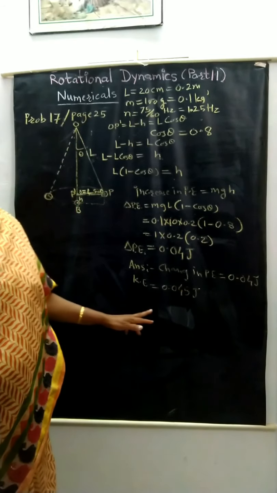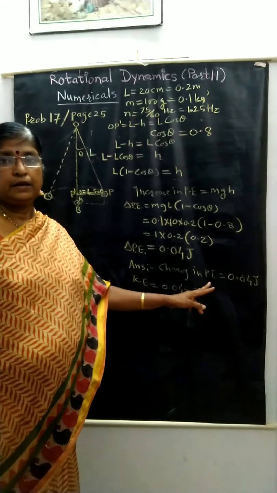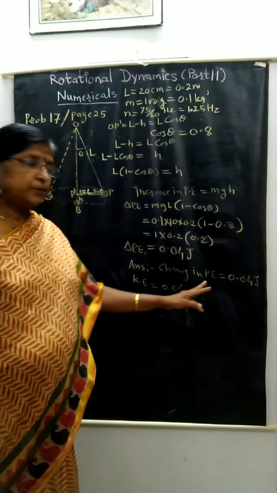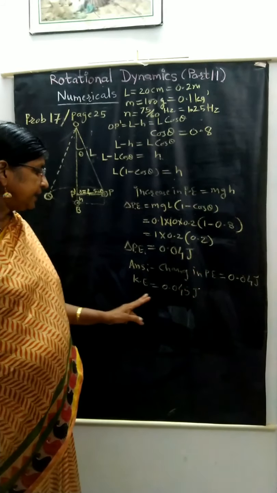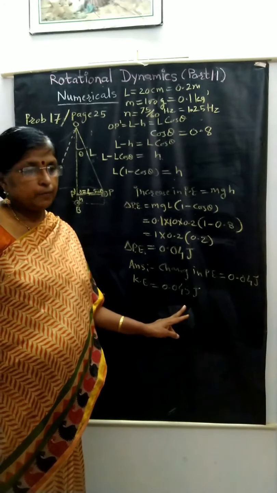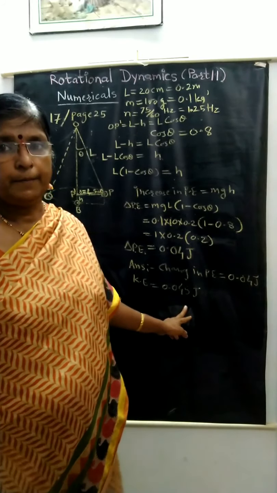Thus, we have obtained the answer for the increase in potential energy and kinetic energy of the bob of the conical pendulum.